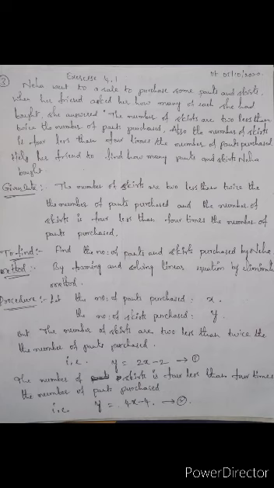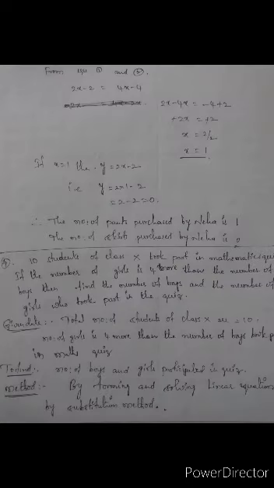So let's solve the equations by the elimination method. How to eliminate? Here from 1 and 2 we can conclude that y = 2x - 2 and y = 4x - 4. Equate both. 2x - 2 = 4x - 4.